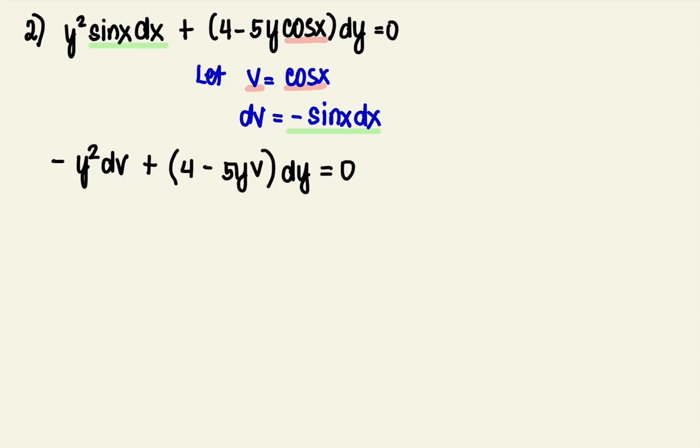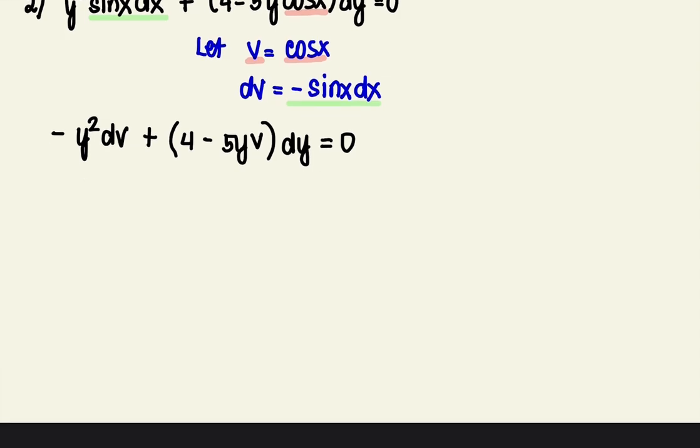So what we have here are still two variables, y and v, and then we proceed by solving the given equation as either separable, exact, linear, or Bernoulli. So let's try to see.